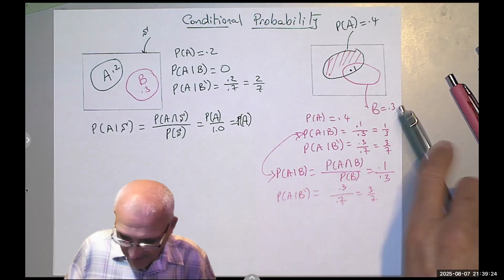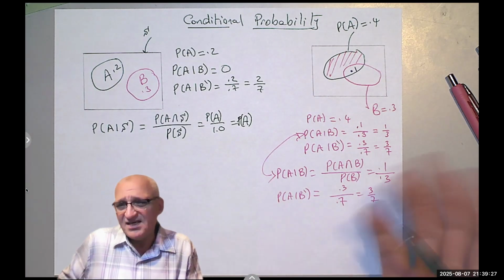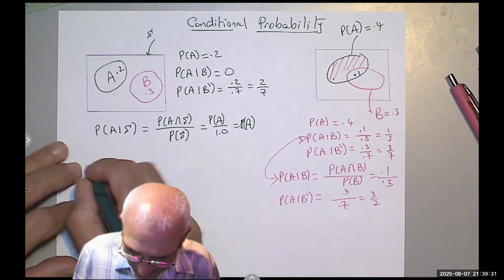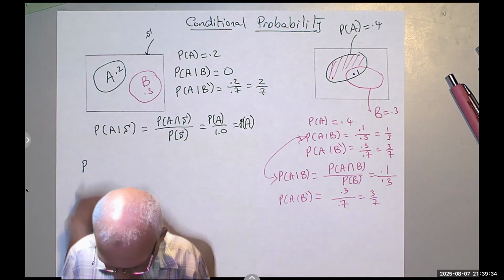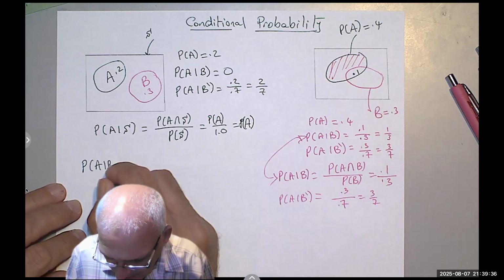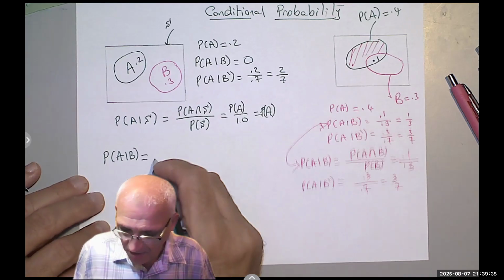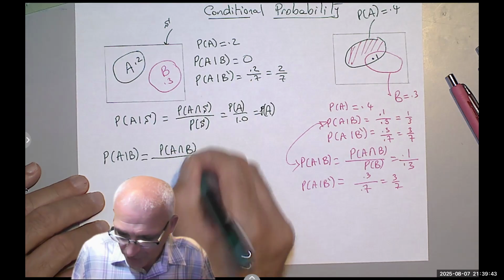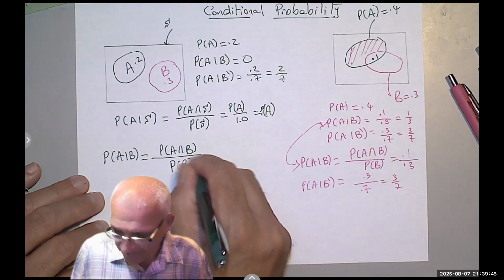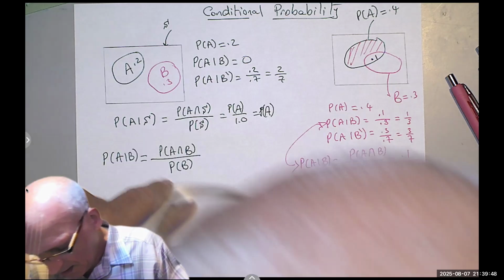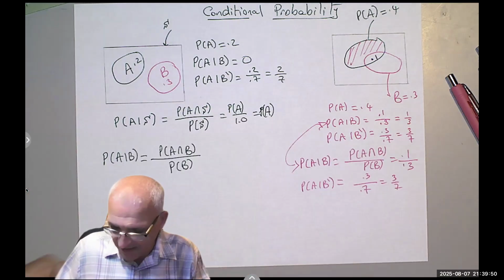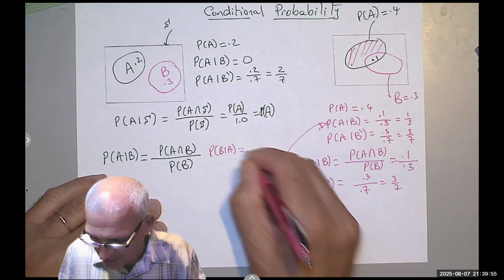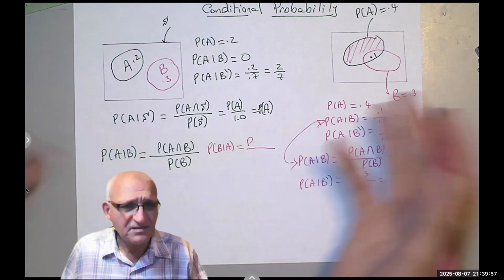Now if we rewrite it, the probability of B given A would be the exact opposite. You would divide by the probability of A instead of the probability of B. Next to that, I'm going to write the probability of B given A. It's the probability of B and A, but there's no difference.